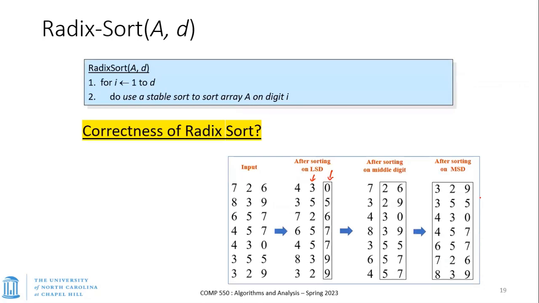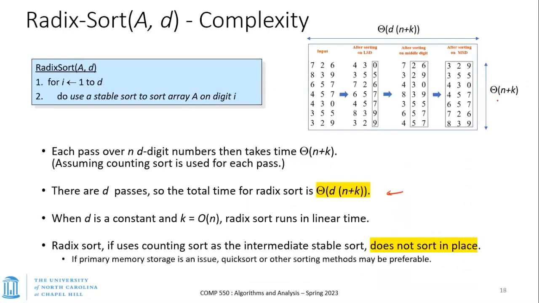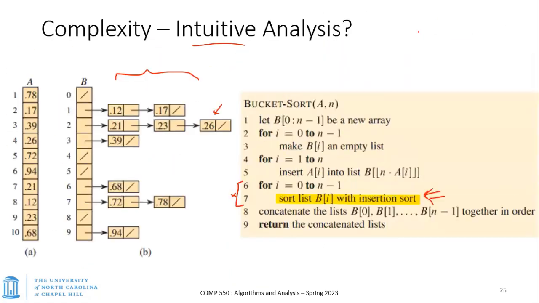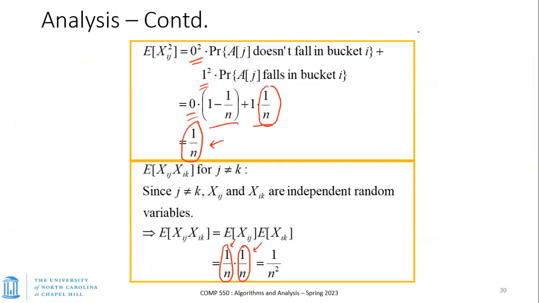Regardless of how the numbers are, even if they're all sorted, you would still have to go through the process. You would still have to go through theta of n plus k to do the counting sort, and then you'd still have to multiply it by d times. So even the average case would unfortunately be no better, and radix sort is similar.